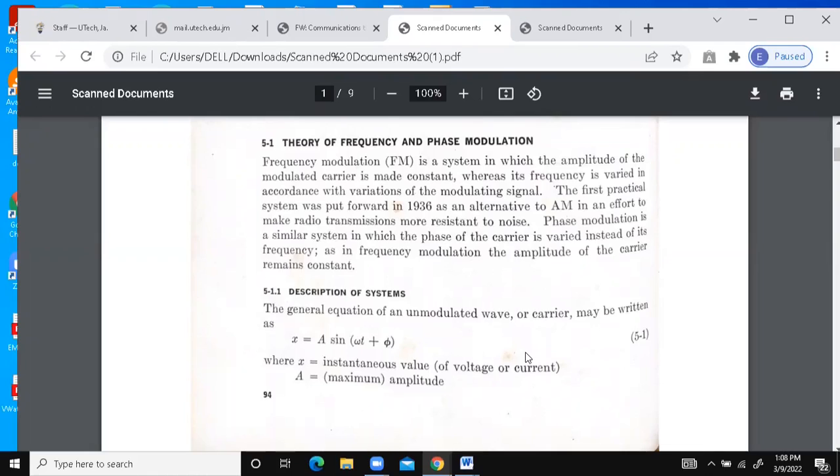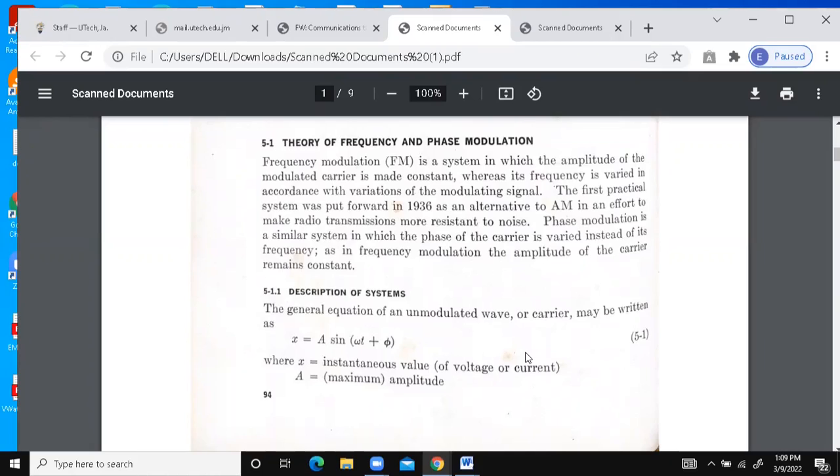So what's phase modulation? I could easily ask you to define amplitude and phase modulation and give me the difference between them. So what's phase modulation? It's a similar system in which the phase of the carrier is varied instead of the frequency.